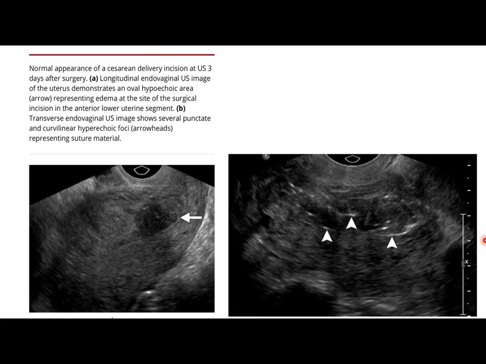This ultrasound image shows a hypoechoic area at the lower anterior uterine segment at the site of the hysterotomy, due to edema as a result of the cesarean section. Also, the suture material may appear as multiple hyperechoic curvilinear shadows.